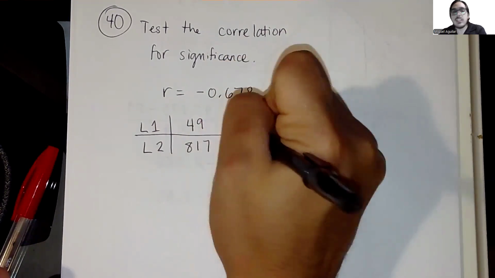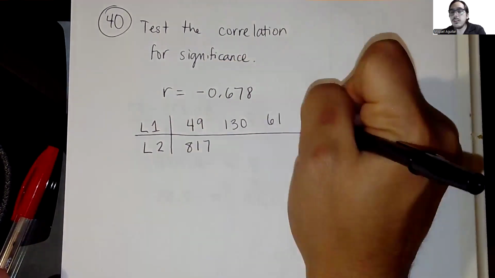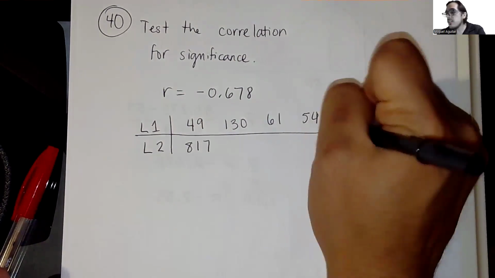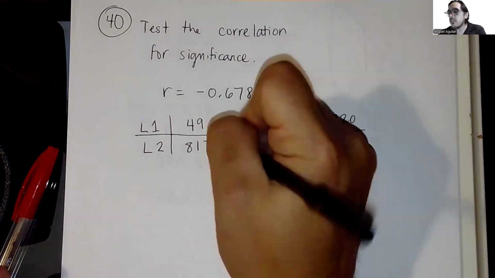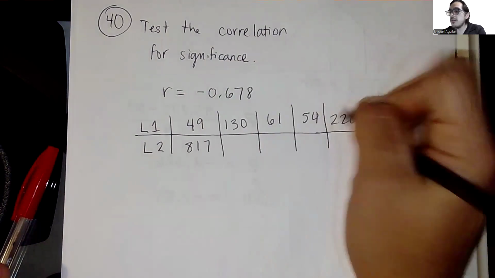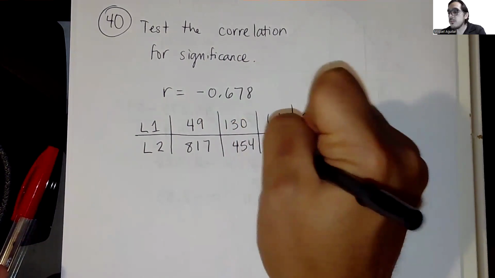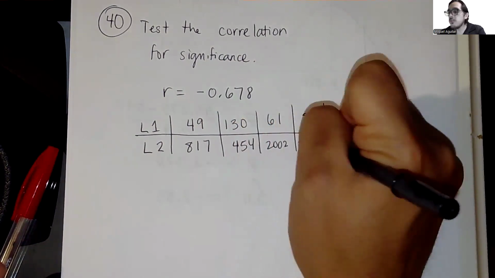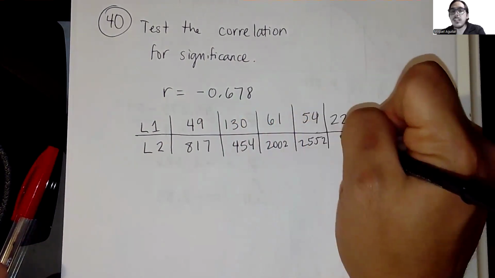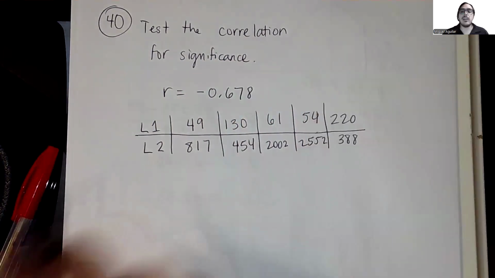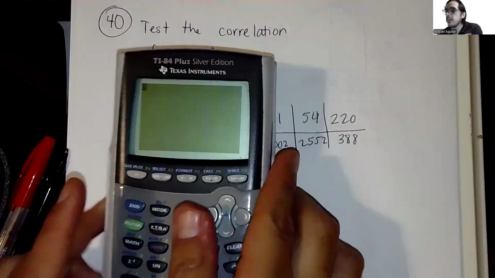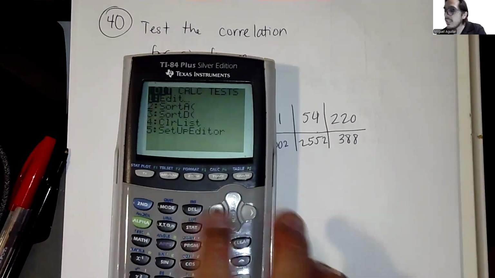Then we have 130, 61, 54, and 220. 130 is related to 454, 2002, 2552, and then 388.